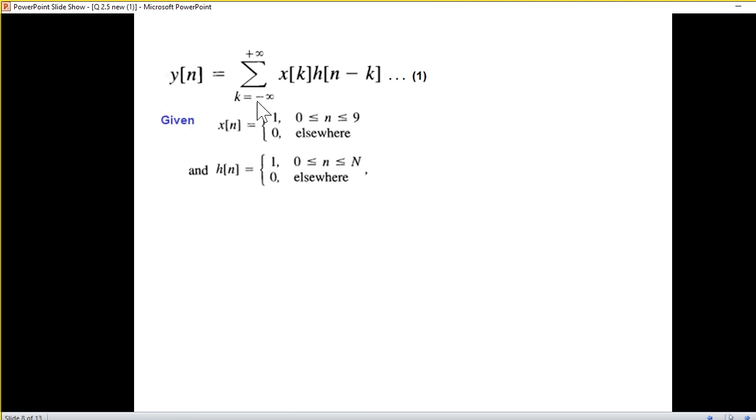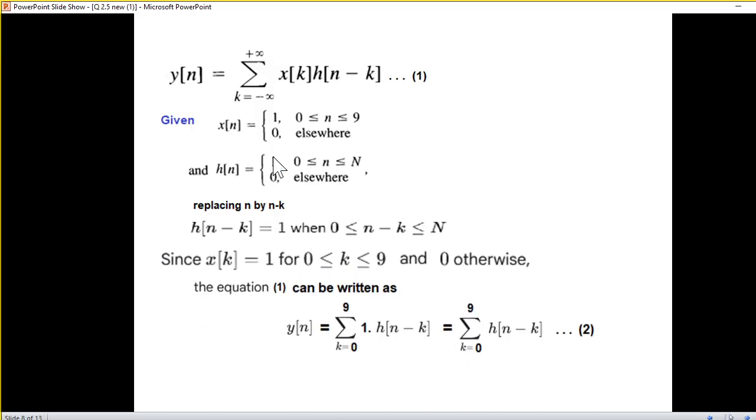So from equation number 1, and we have the two values given here. We need to find h[n minus k]. So for that, we'll just replace n by n minus k. Here also it will be n minus k, and the value is 1 for h[n minus k] within this range.